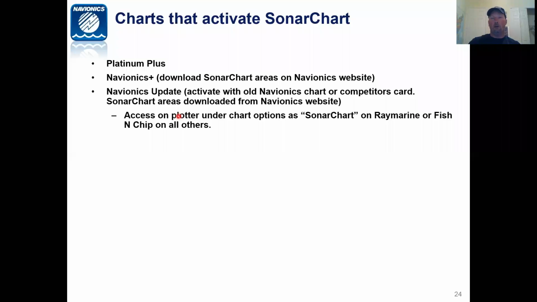So save yourself $100 by having a competitor's card, a C-MAP, a Lake Master, a Fishing Hotspots, a variety of others, or an old Navionics, an old Gold chart, or anything that's in SD or CF. And you're able to buy an update, $99, and activate it. Point I want to get to is on your plotters, it's going to be listed under chart options on Raymarine as a SonarChart layer, or on other electronics as a fishing chip. So look under your chart options for SonarChart on Raymarine or fishing chip on others.